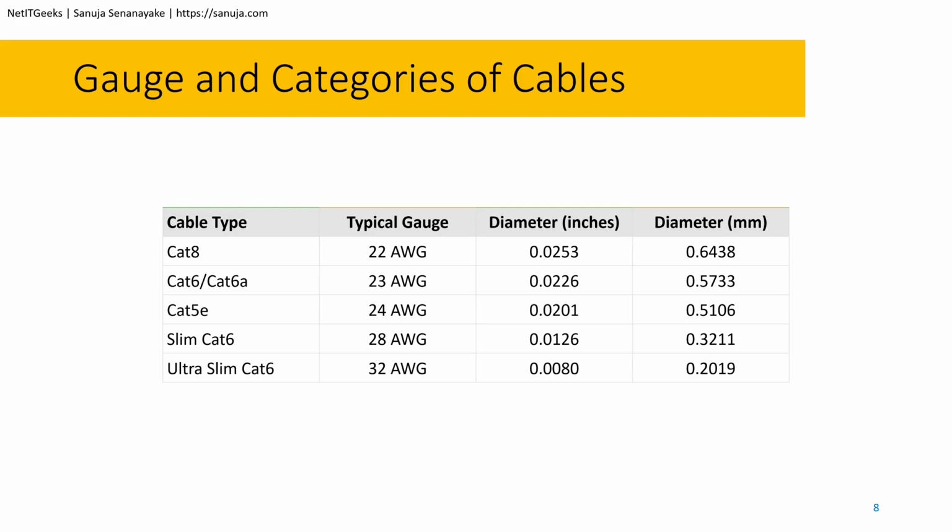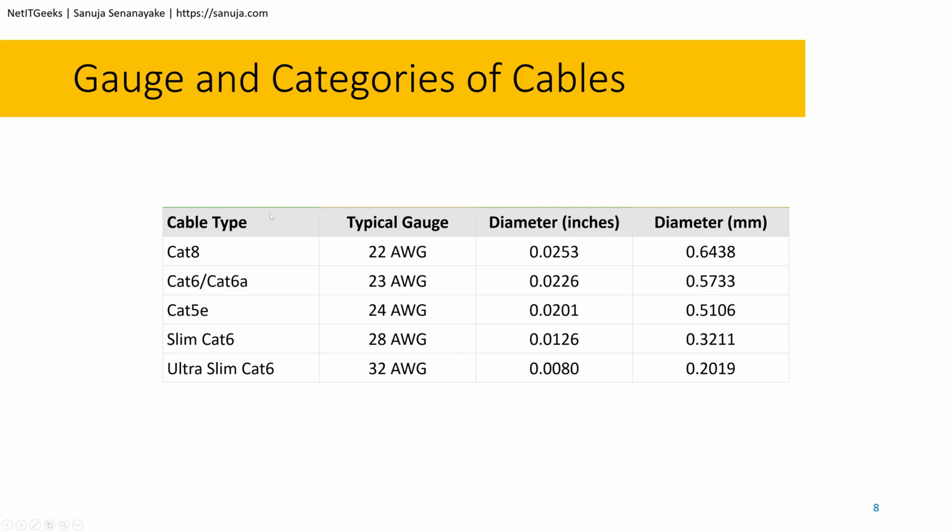That's why you can have a Cat 6 cable with 23 AWG, and you can have a Cat 6 Slim Ultra with a 32 AWG with an even smaller diameter. So while I'm more comfortable with using regular cables, the data transmission rates are not directly proportional to that of the gauge.